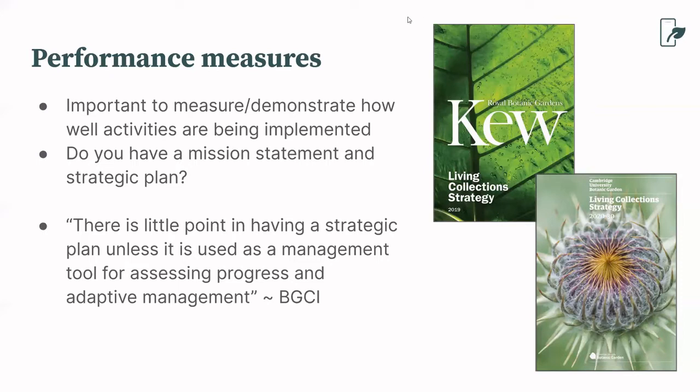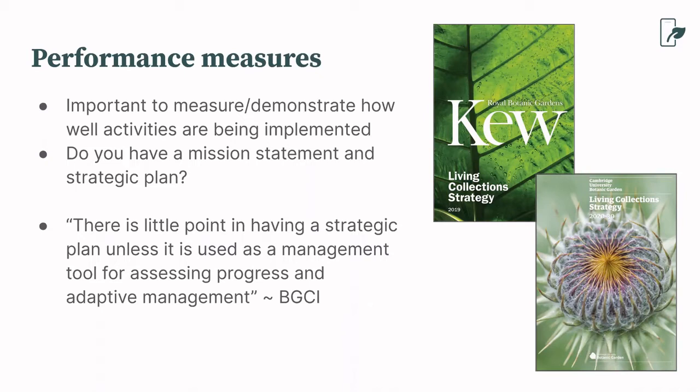This kind of information, normally performance measures, these types of data are contained within the vision and mission statements of a garden. These documents capture the main aspirations of a garden, so it's vital that the intentions are clearly articulated right from the outset. Visions and missions and strategic plans are key components of a botanic garden and its use of its plant collection.